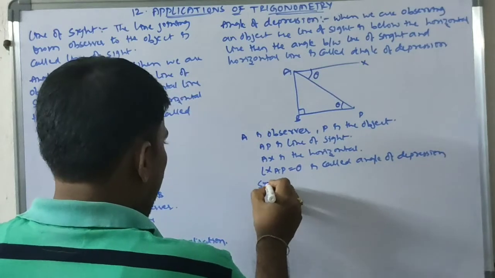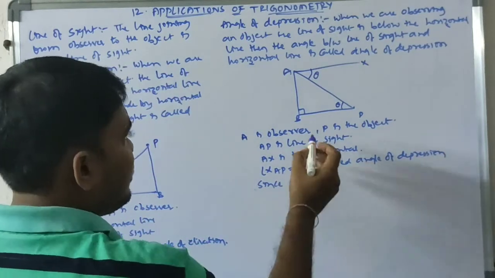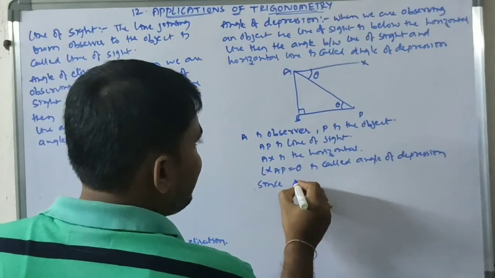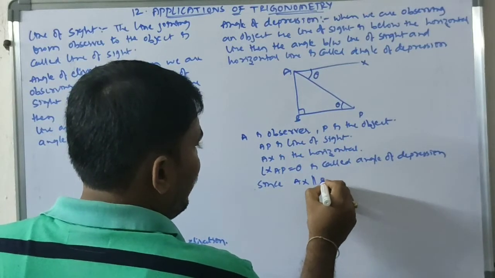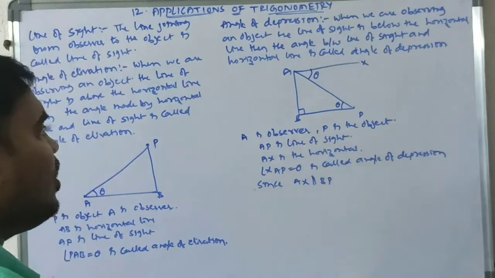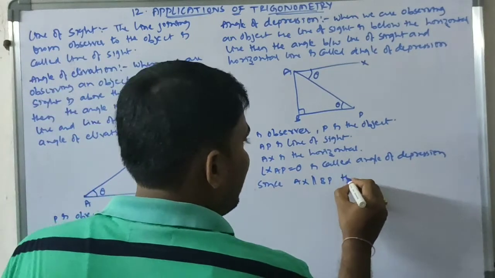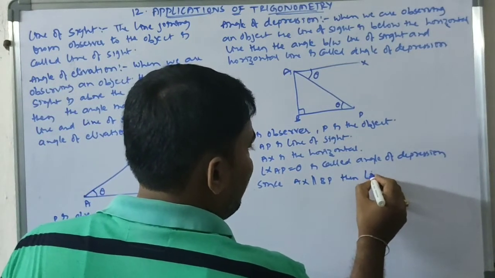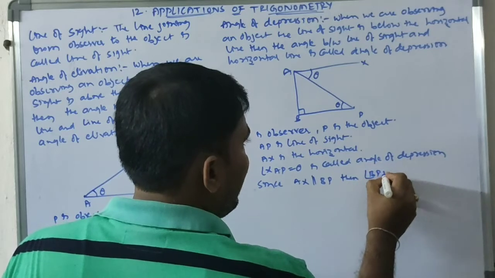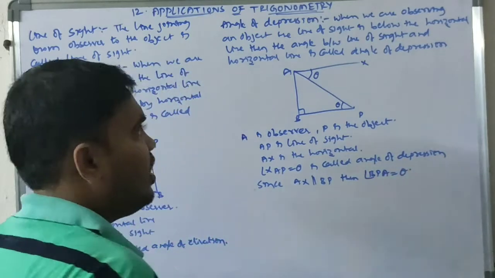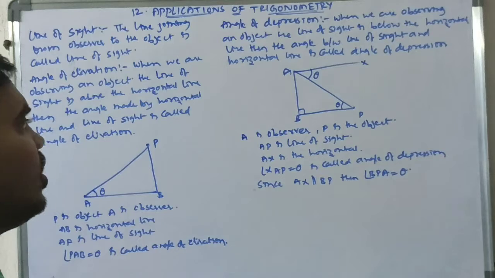Since AX is parallel to BP, angle BPA is also equal to theta.